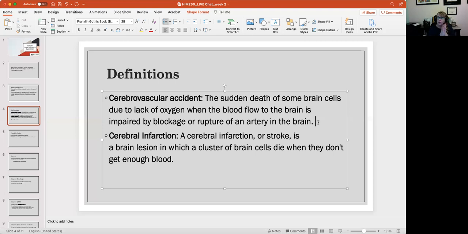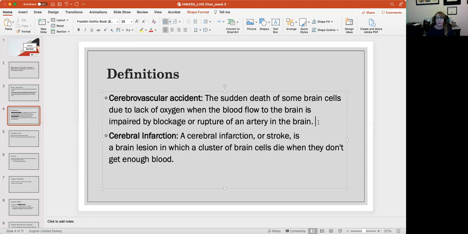Stop blood flow, denying the brain cells the oxygen, because as you remember, it is the arteries that bring oxygen to all of the cells of the body, right? So if the blood cannot flow, no oxygen is being delivered.